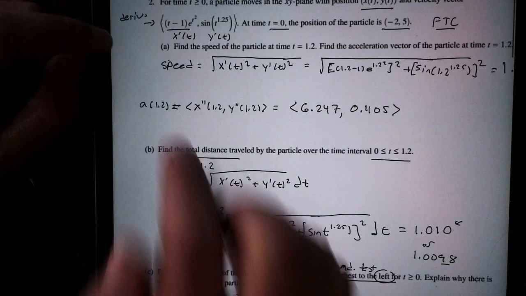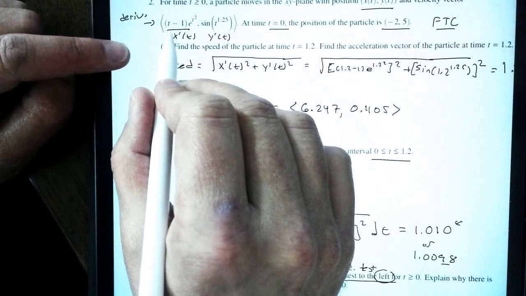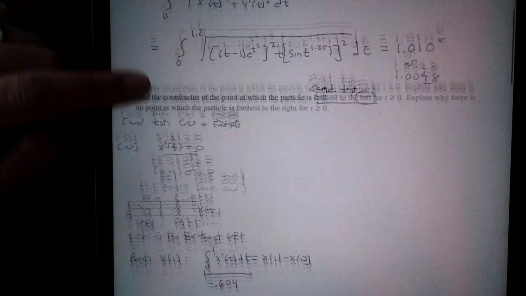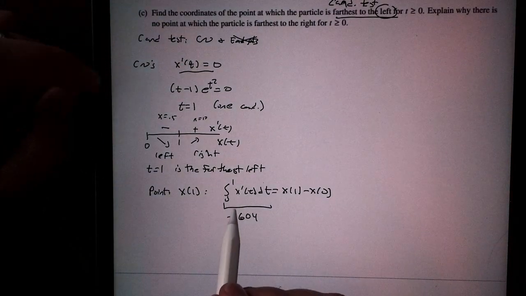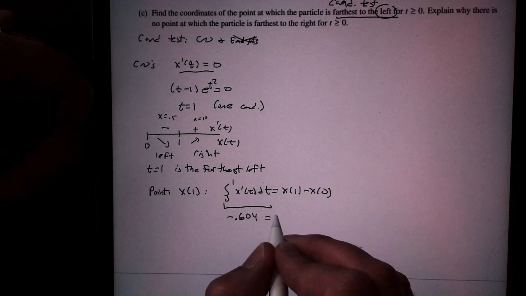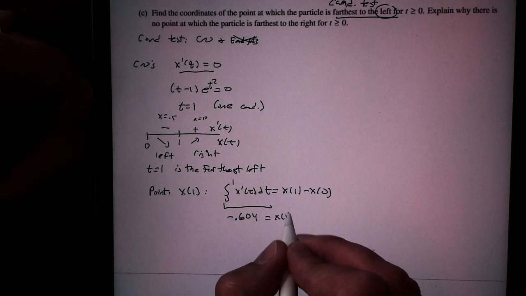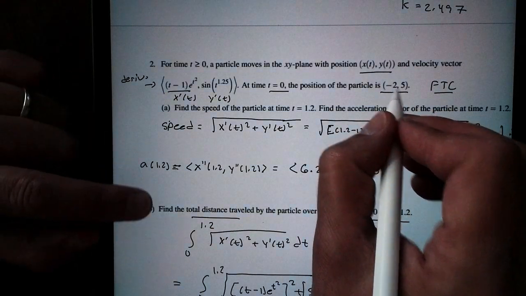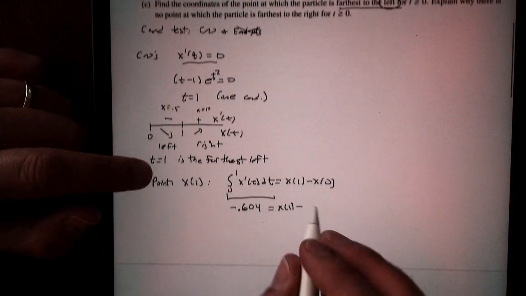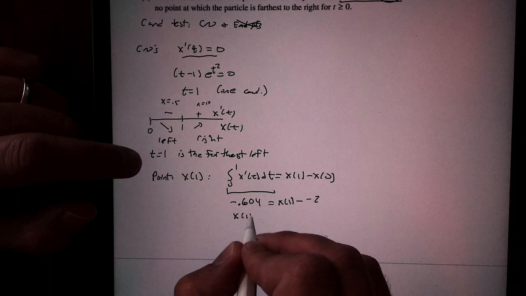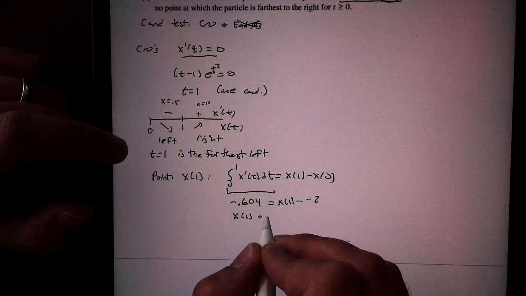So x of 1 minus the initial x value, and remember, they told us at the very beginning, my initial x value is negative 2. So x of 1 becomes, if you add that, negative 2.604.